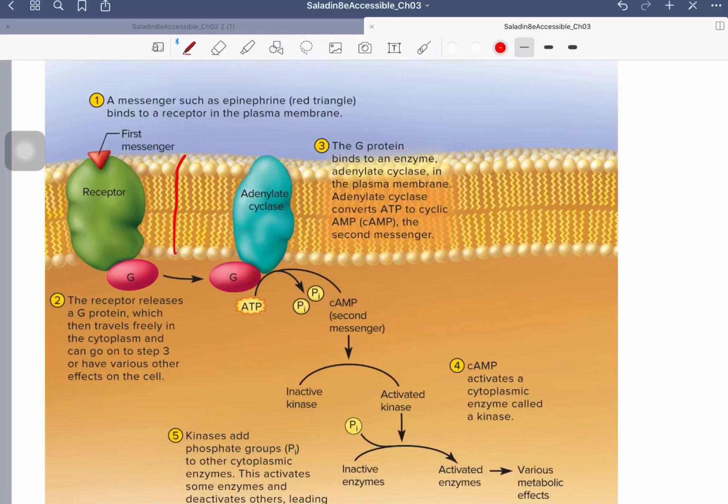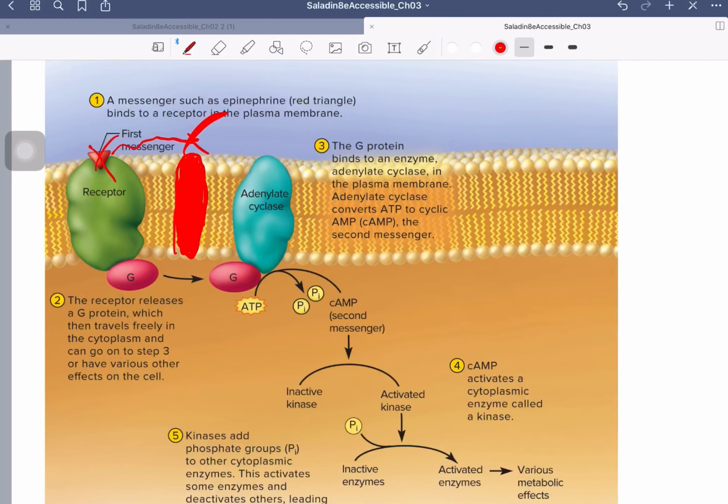Some of these enzymes are embedded in the membrane, and their job is to break down the messenger once it detaches and starts to float around. If there's excess, these embedded enzymes will inactivate the first messenger once it's done its job.